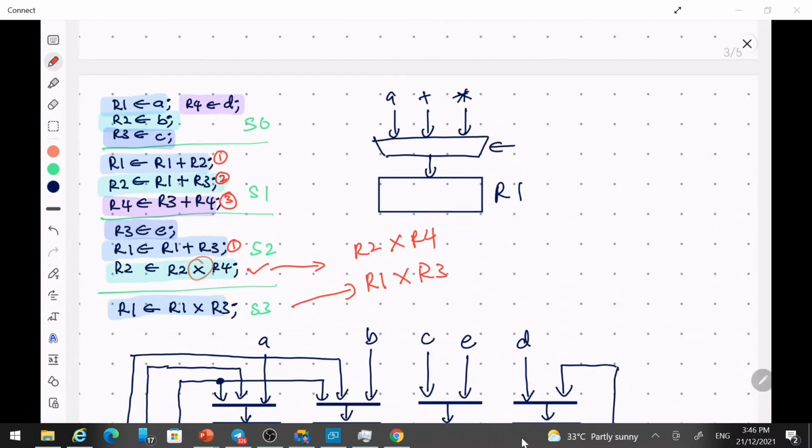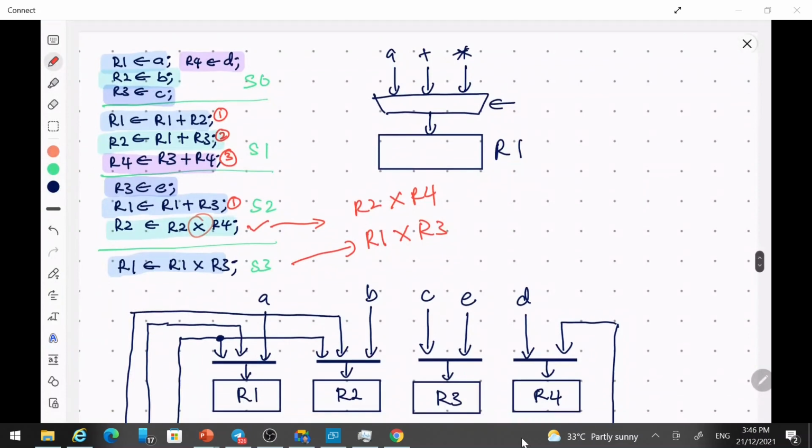Okay, so we can see that a multiplier can only have two inputs, A and B, for example. But here, the input can be R2 or R1, and for the other one, we can have R4 or R3. That means at one input of the multiplier, we have two data sources, R1, R2 or R4, R3.